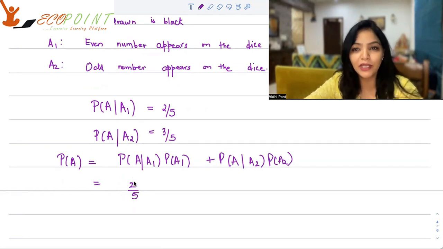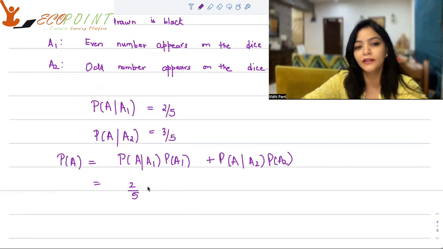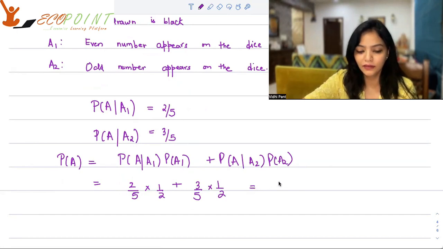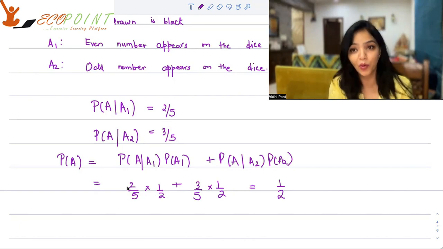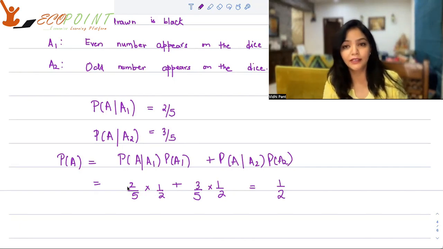The probability that you get an even number is 3 by 6, because there are 6 numbers. 3 are even, 3 are odd, right? So 3 by 6, that means half. I can directly write half actually here, plus 3 by 5 into half. So it's going to be half. So the probability that you fetch a black ball, the total probability, is half.